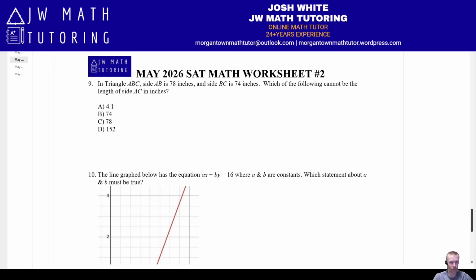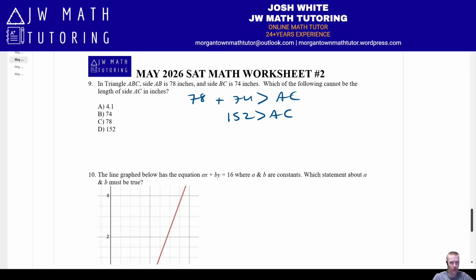So for example, in this triangle, that means we have 78 plus 74 must be greater than AC. Or in other words, side AC must be, strictly, less than 152 units.